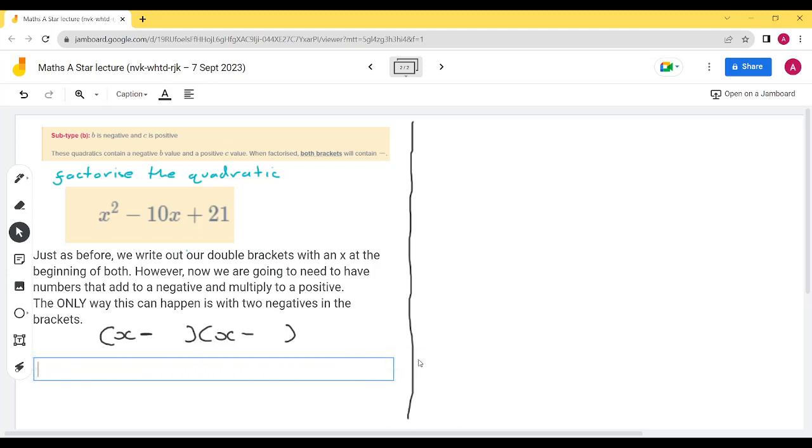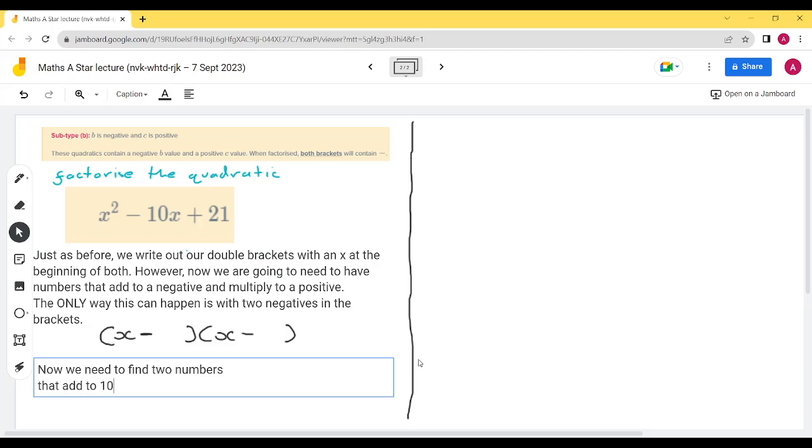Now, just like before, we need to find 2 numbers that add to 10. Technically, it's add to minus 10, but if the 2 numbers add to 10, they also add to minus 10 if they've got negative signs in front of them, so it's easier to just think of it as add to 10.